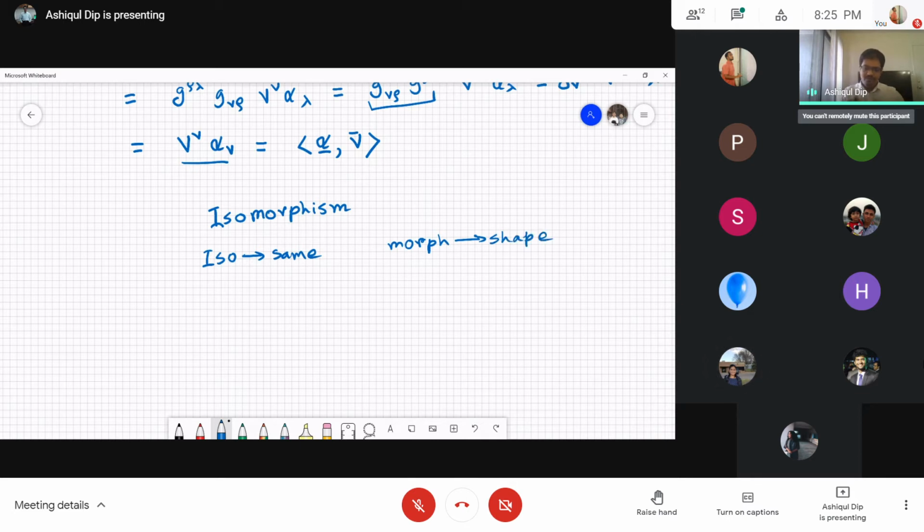Okay. So if two objects give the same shape or same structure, we call it isomorphism between those two. Basically, isomorphism means we are representing the same thing in two different ways, and we call that an isomorphism between this thing and that thing.